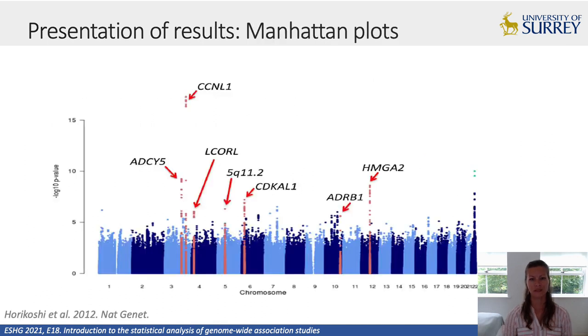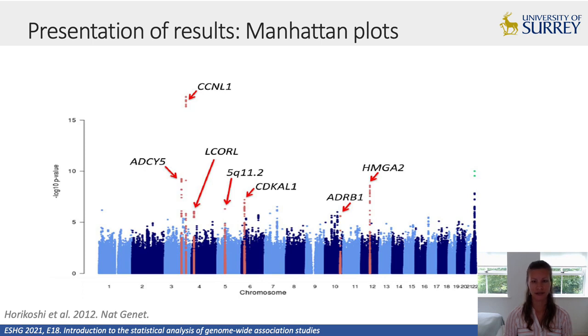The second plot that we usually do is the Manhattan plot. And on the x-axis we have the chromosomes and positions, and on the y-axis we have the minus log 10 p-values. And each dot represents here an association result for each SNP. So in this plot we see association results from a birth weight GWAS.